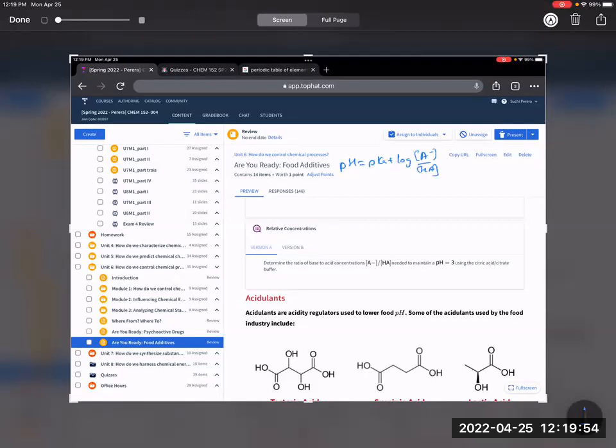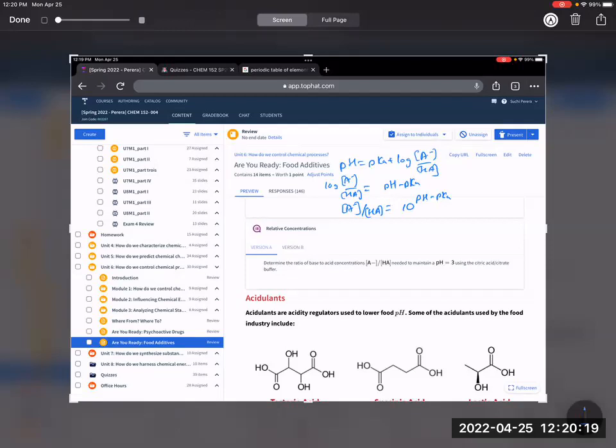Now the question is asking for this ratio. Therefore, log of A minus concentration over HA concentration is equal to pH minus pKa. Therefore, A minus over HA is 10 to the power of pH minus pKa. This is what we need.